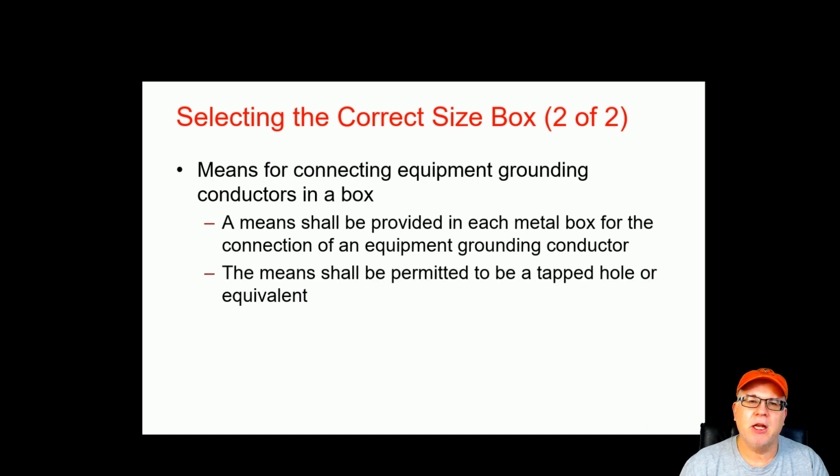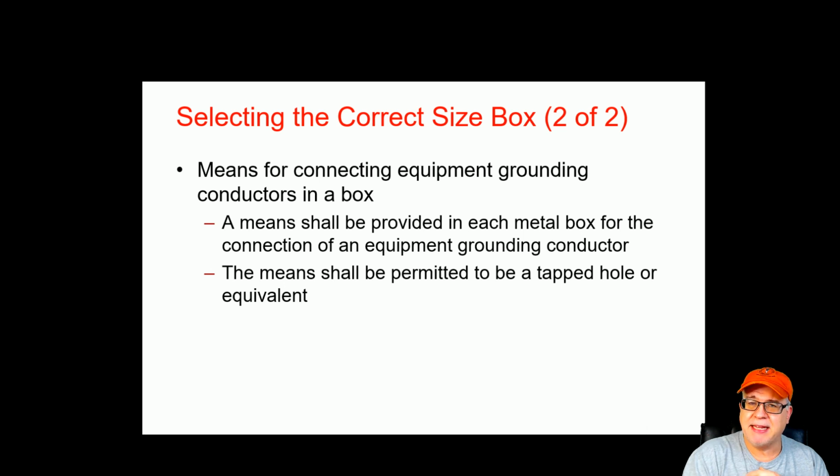Now, selecting the correct size box also means that for connecting equipment grounding conductors to the box, a means shall be provided in each metal box for the connection of an equipment grounding conductor. So if it's a metal box, it'll probably have a threaded point for a ground screw that will go in there.